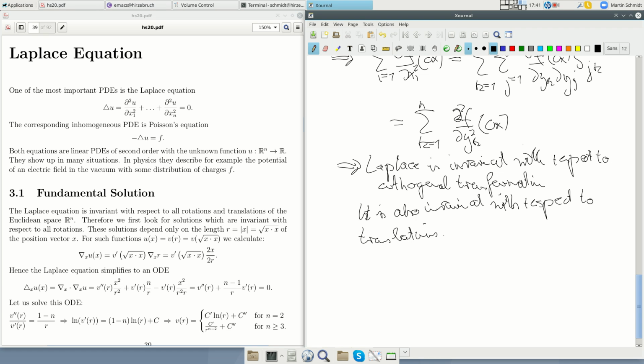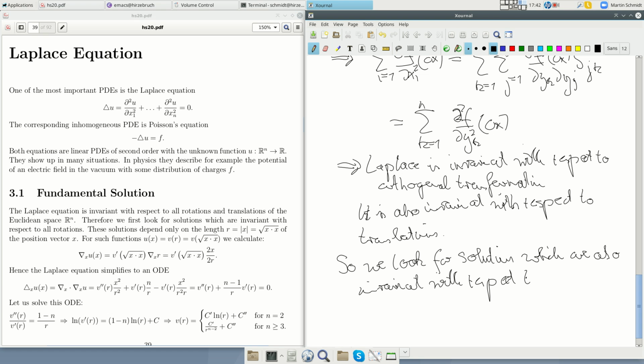Okay, now for this reason, we look for solutions which are also invariant with respect to all rotations.